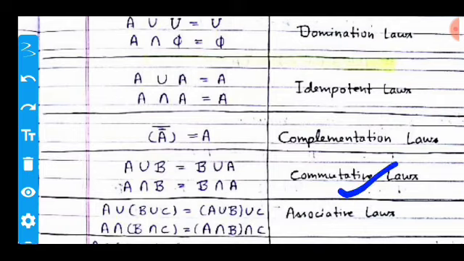Now come to the associative law. The associative law is also easy. Here brackets are used to represent the separation of the operations and priorities. So on the basis of the braces, it is represented like this: A union in braces B union C is equivalent to A union B in braces union C. So this represents your associativity.